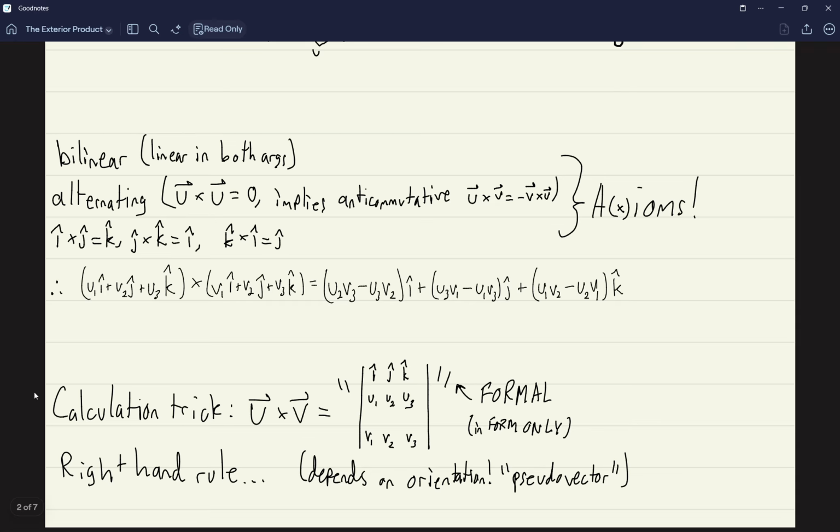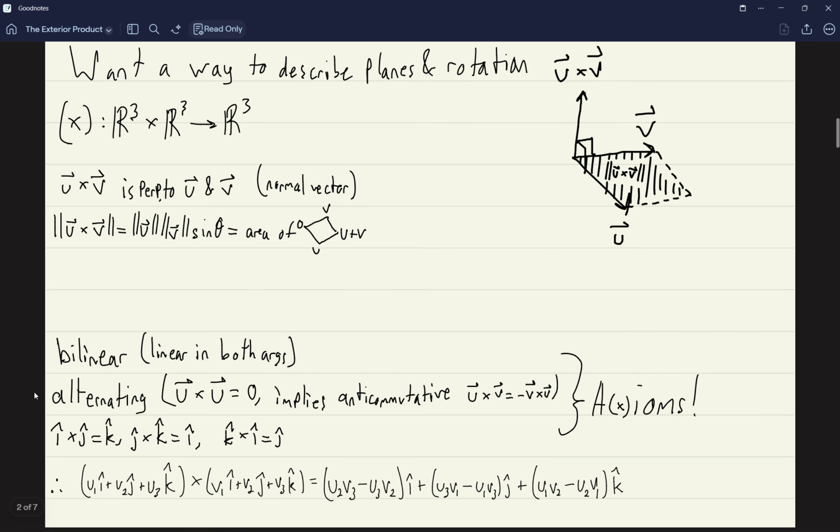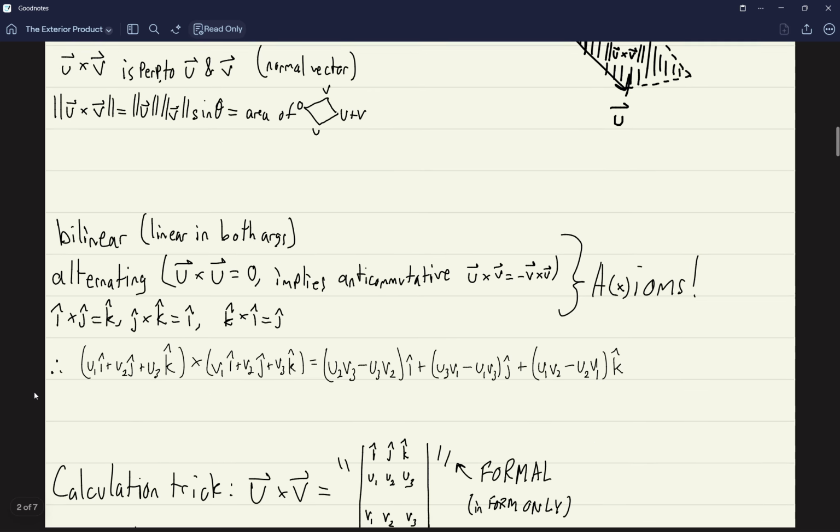And we also have this right-hand rule. When we're doing a cross product of two vectors, to figure out the direction that the cross product will be in, we can look at our hand.